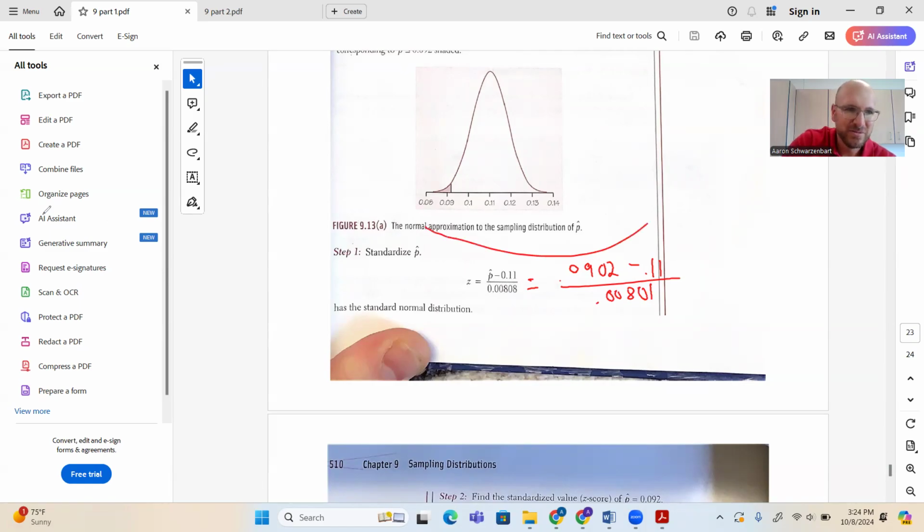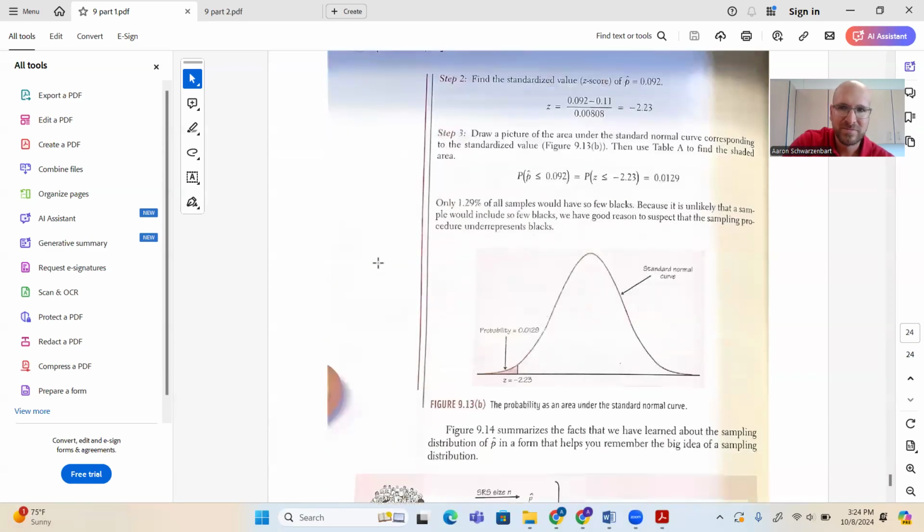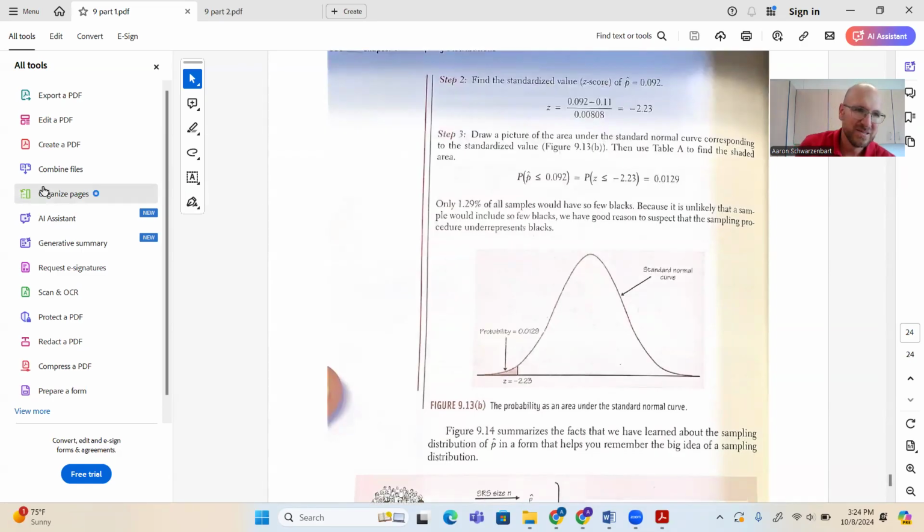And oops, when we do that actual calculation, I'm going to go over to the next page where they actually do it. We get negative 2.23, and the probability being right here, 0.0129, about 1%.